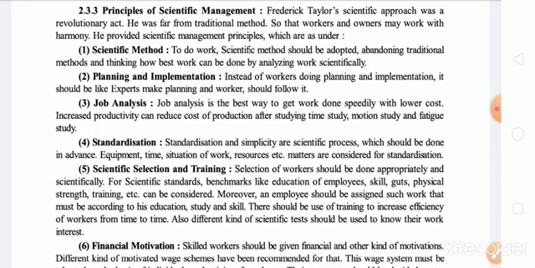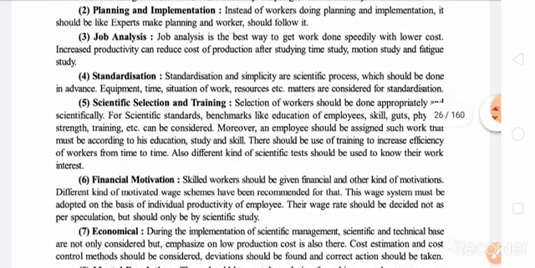So in place of the old and traditional method where we are selecting the employees randomly, now we are having a proper scientific selection and training method which will be useful for recruiting efficient candidates for the organization.